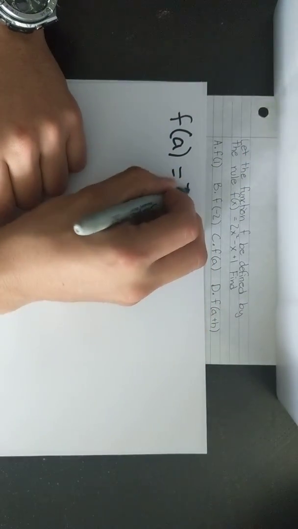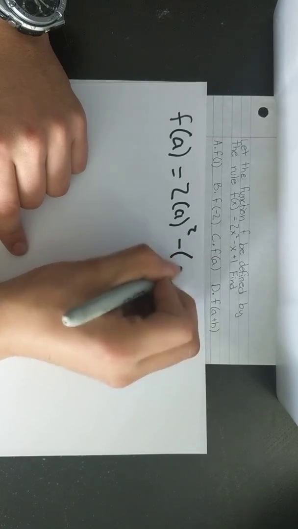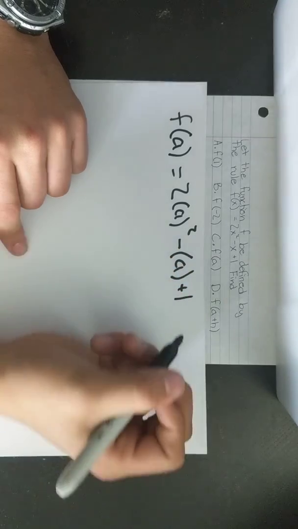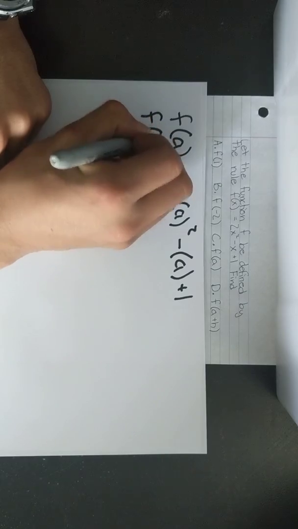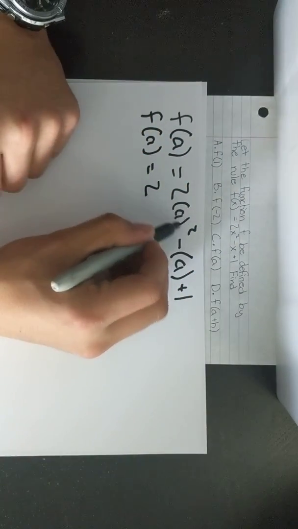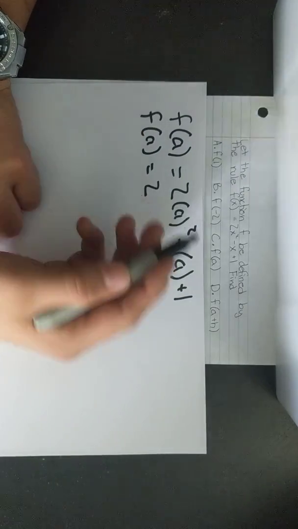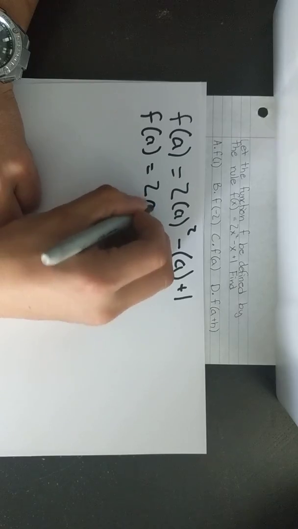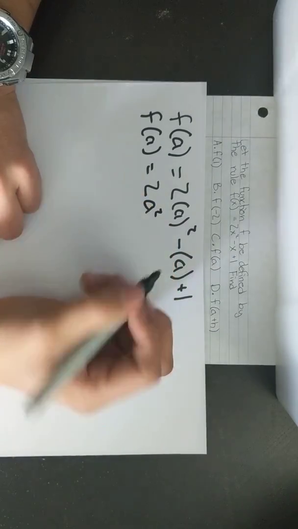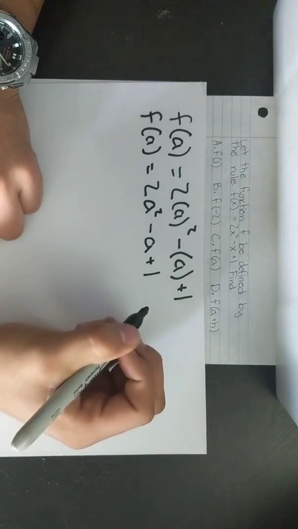Easy. 2 times A squared minus A plus 1. So f of A equals 2. Now for A, you can get rid of the parentheses. This is fine just how it is, but I'm going to simplify it a little bit. Just get rid of those parentheses: A squared minus A plus 1.